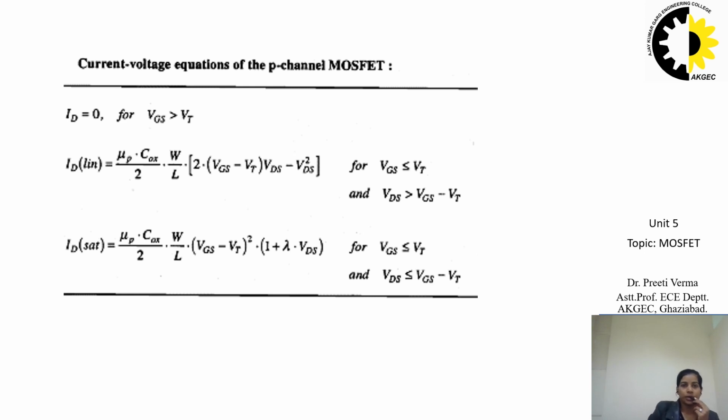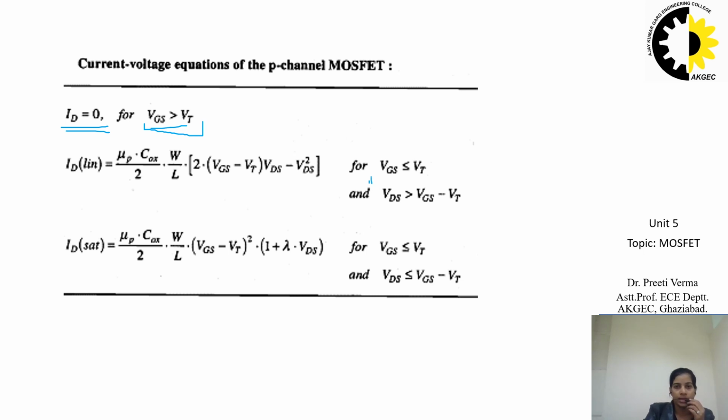This is the current-voltage equation of a p-channel MOSFET. In a similar way, here also if we have VGS greater than VT, then ID will be 0. Here, due to the reverse polarity, we have a negative threshold voltage for this MOS transistor. So if the gate to source voltage is negative or 0, then only it can work.